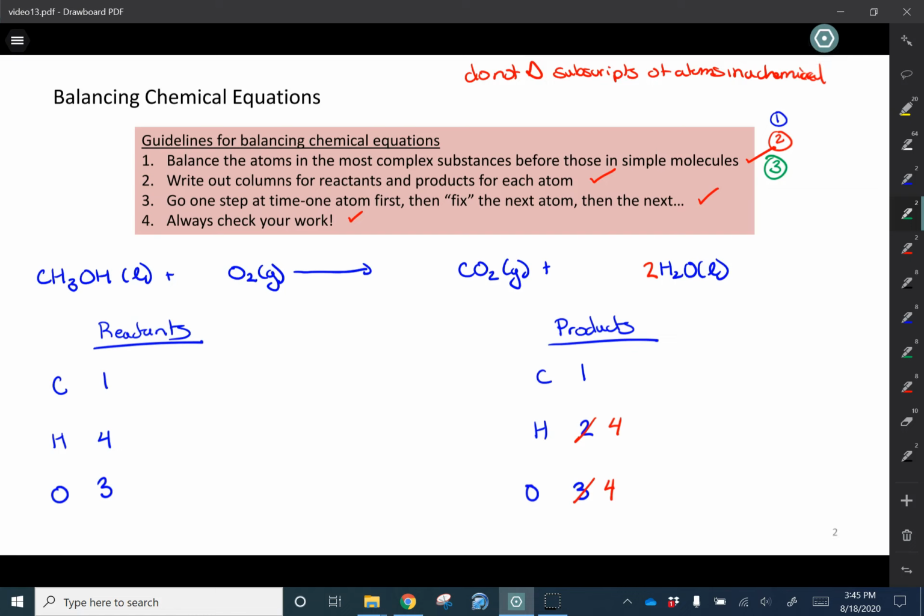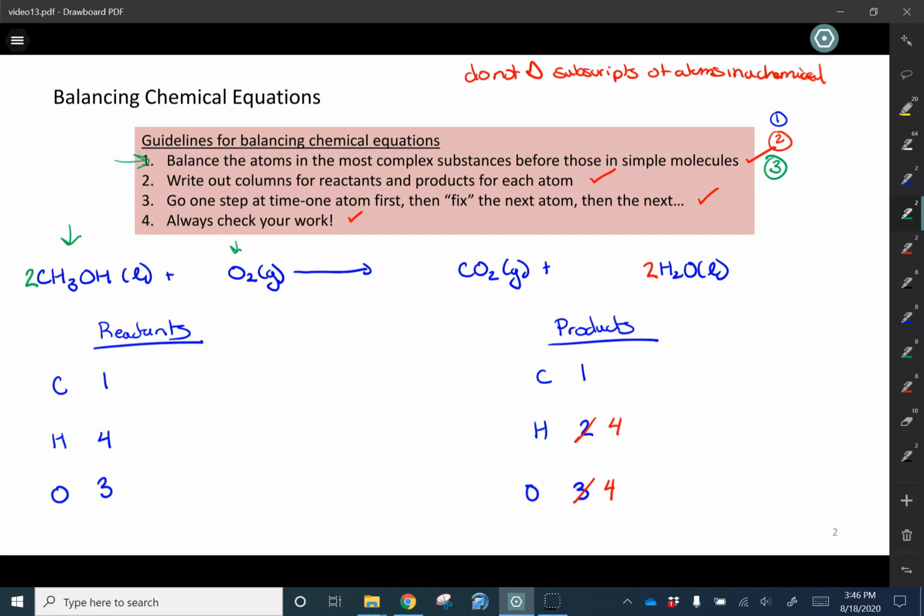So now we'll say, okay, well, let's increase the number of oxygens. And why did I increase my number of oxygens here and not here? Two reasons. One, I want to balance the atoms in the most complex substances first.